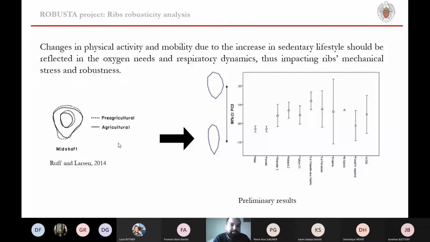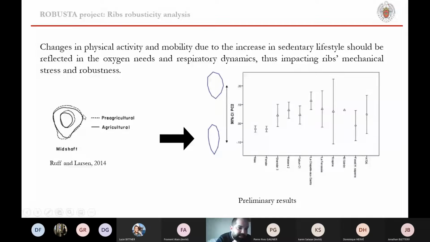So changes in physical activity and mobility due to the increase in sedentary lifestyle should obviously be reflected in the oxygen needs and respiratory dynamics of the individuals, thus impacting the ribs' mechanical stress and robusticity.